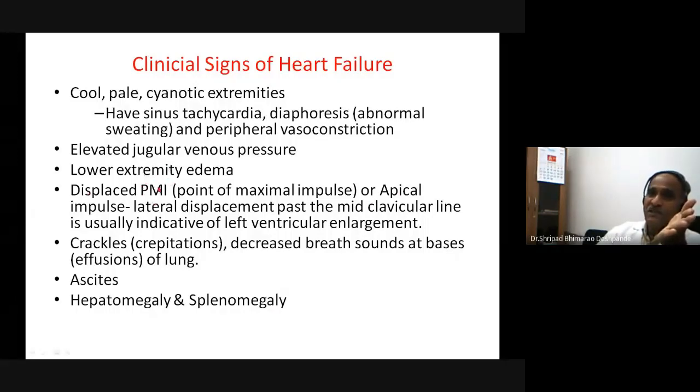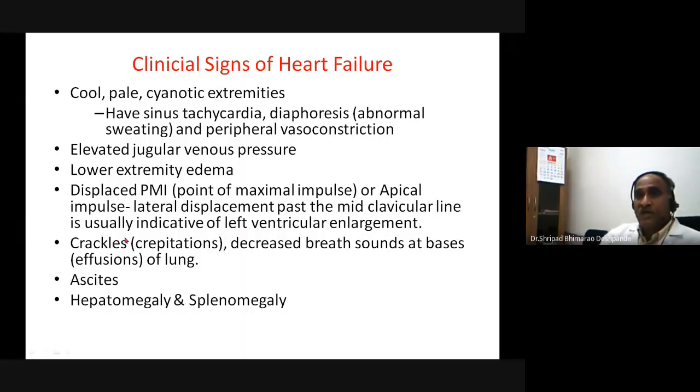Usually it is in the midclavicular line, within the midclavicular line, half an inch medial to it, and when it is displaced to the left, that indicates left ventricular enlargement.